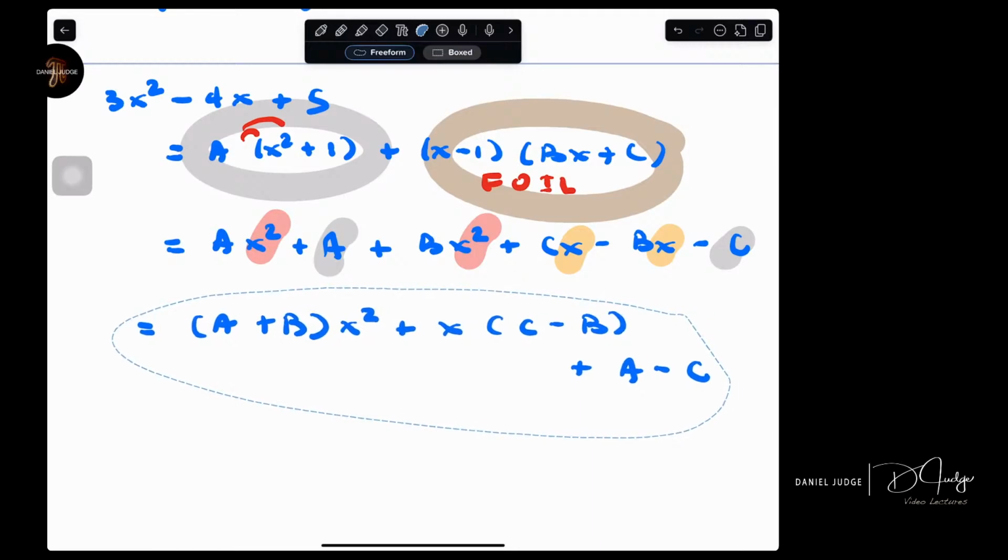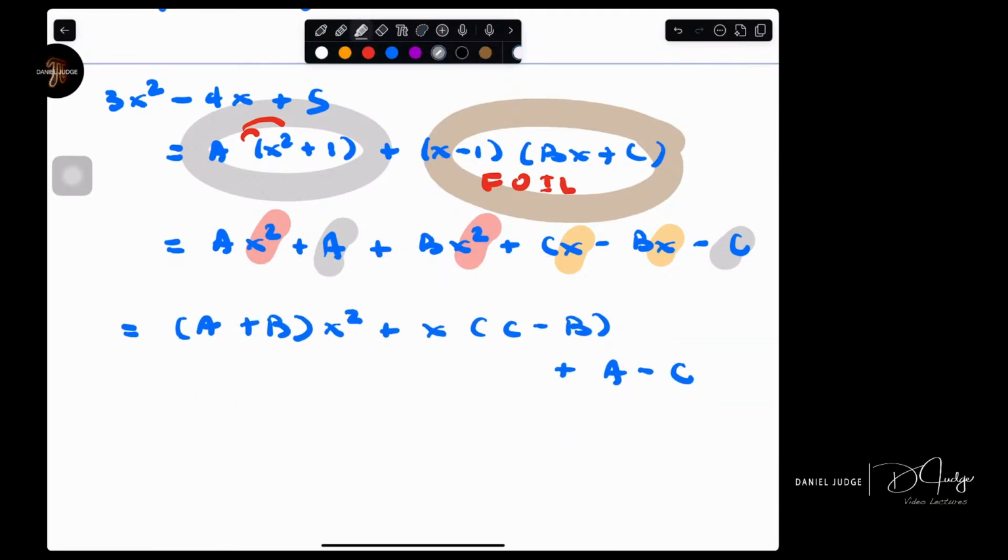Those are the constant terms here. So let's see if we can see everything here. x squared. There's the x. And now I have my constants down here. Now, remember what exactly that means.